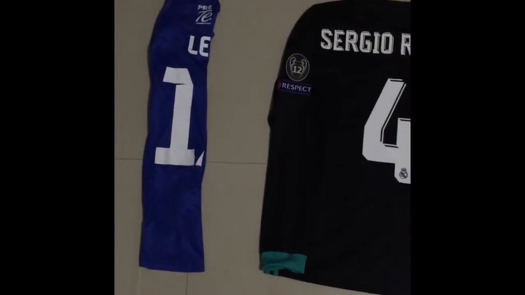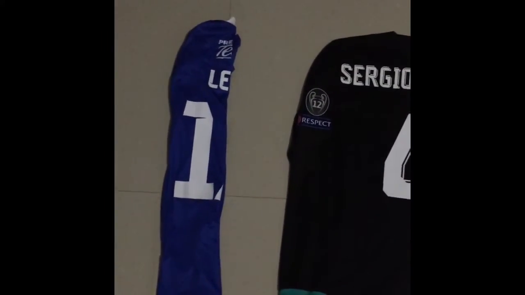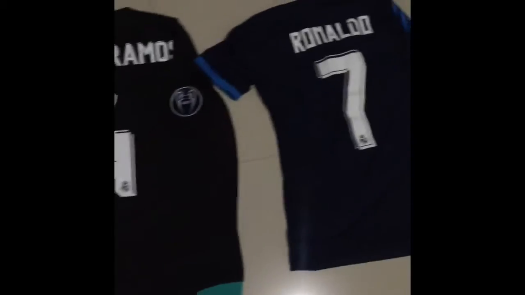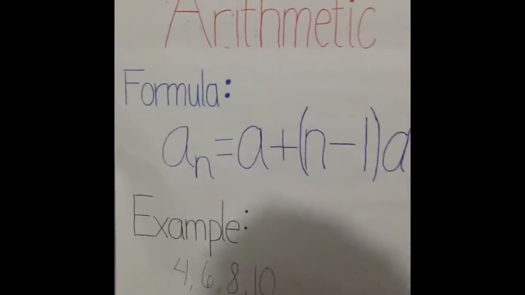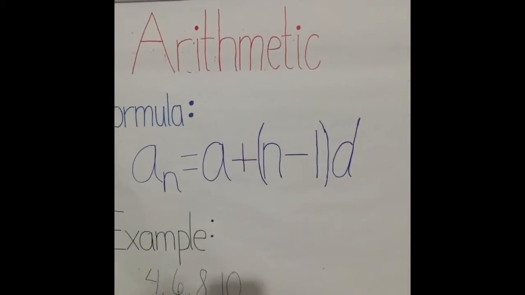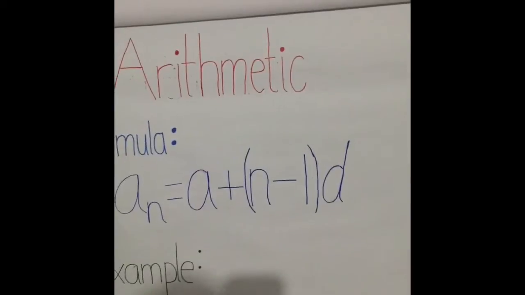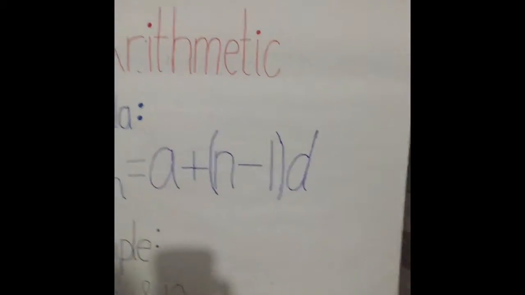Here is another example of an arithmetic sequence. So here's our sequence: 1, 4, 7, and 10. We would like to find the fifth term. So we use our formula: we need to add the first term plus n minus 1, times d.